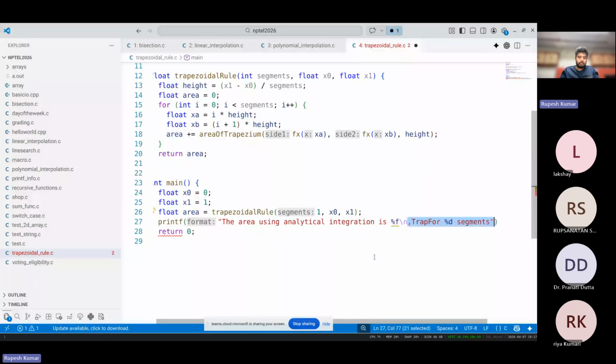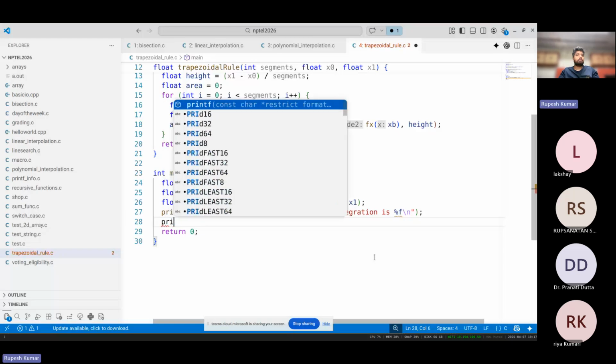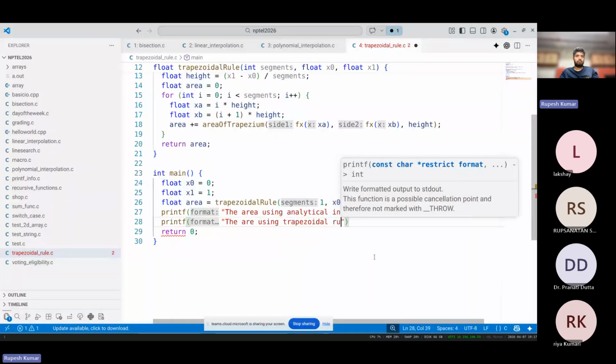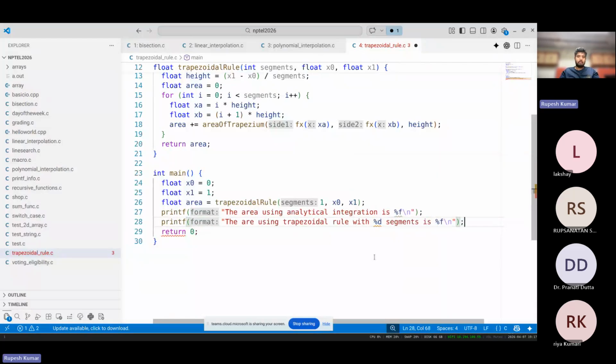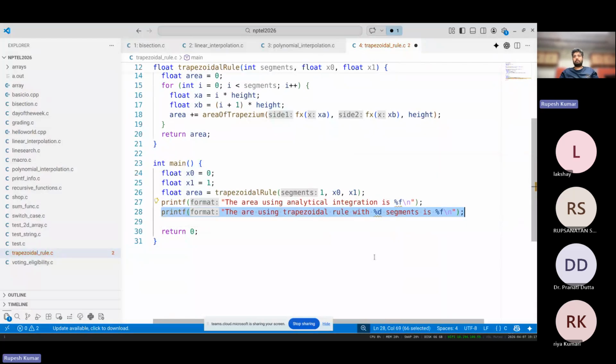Let's move it to the next line. Now printf the area using trapezoidal rule with percentage d segments is percentage f backslash n, and then also we will print the error, right? So the error is percentage f, right?